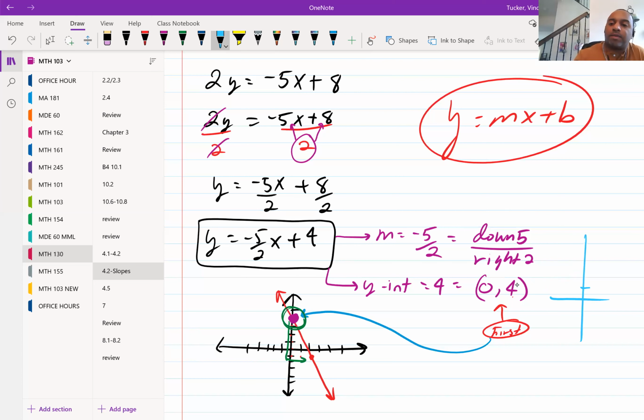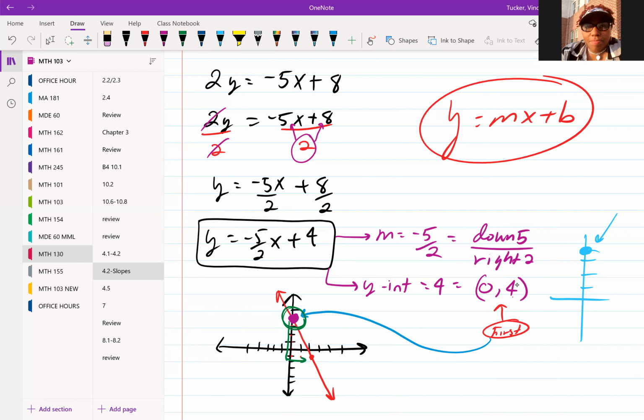So when you go to graph it, you don't move left or right for x, you just go up 4, because that's an actual point. So from that point, you would go down 4, down 5, excuse me, and right 2. And that'll put us right here at this point. And that'll be your answer.